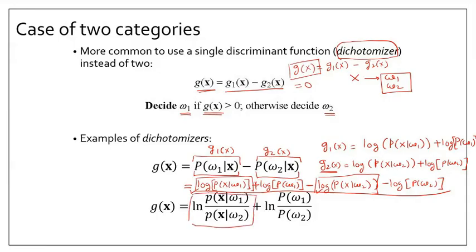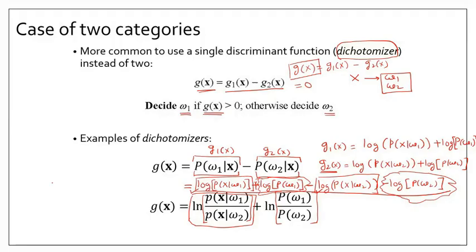Since it's negative, I can combine the logs and write probability of x given omega 1 divided by probability of x given omega 2, and then I combine the prior terms with the last one. Then I can write in this form. That will be now my g(x).